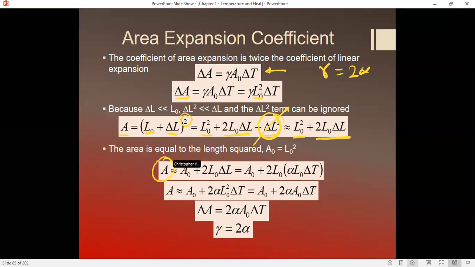So my area is equal to the original area plus delta A. This is my delta A right here. What did we say delta A was? Delta A was equal to the original area. Oops. I got my coefficient.